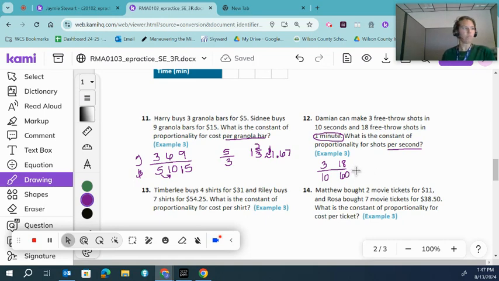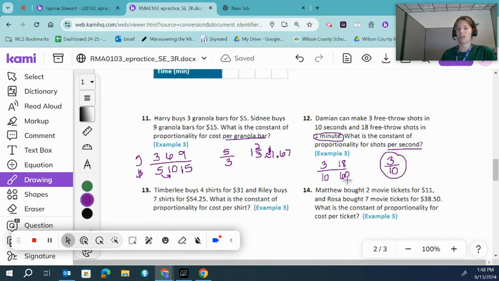Okay, so per second, we're going to keep our seconds on the bottom because it's asking shots per second, which means shots goes on top. Per second can stay on the bottom. So we have 3 tenths, and then 18 over 60 also simplifies to 3 tenths, and that cannot simplify any further.